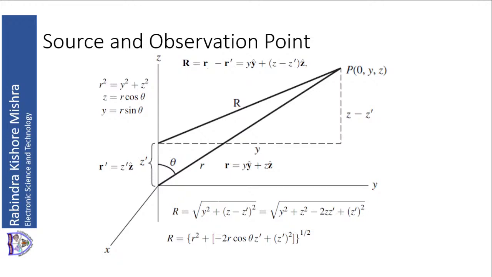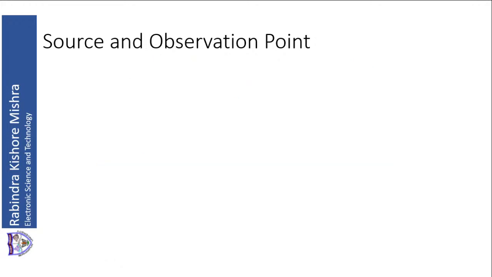Therefore this part will be minus 2r cos theta z dash, then z dash square remains as it is. So capital R can be written in this form.